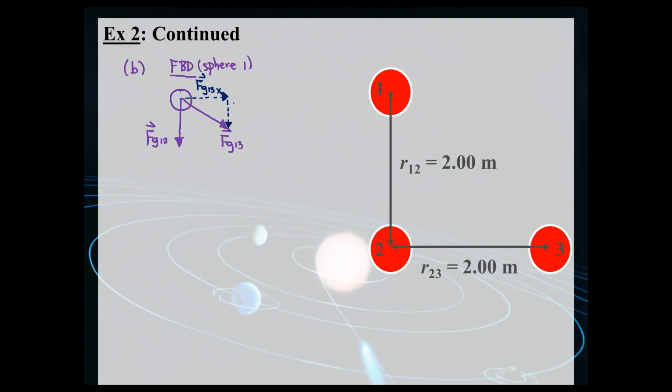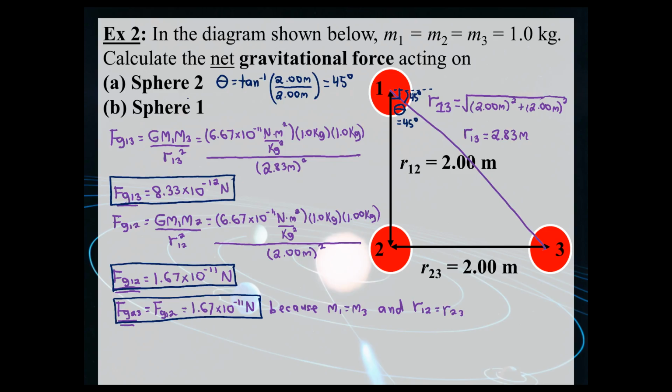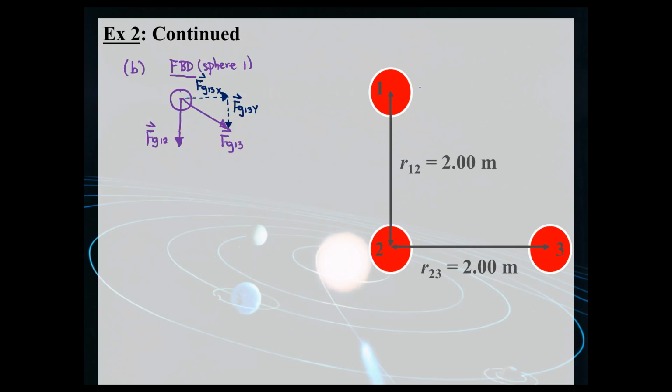We'll call that FG 1, 3 Y. And this is why at the start of the question I calculated that one angle. If we go back, this angle at the very top here relative to the horizontal, because I need to make use of that angle once I got into the vector components of the FG 1, 3 vector. So we know that this angle here is 45 degrees.